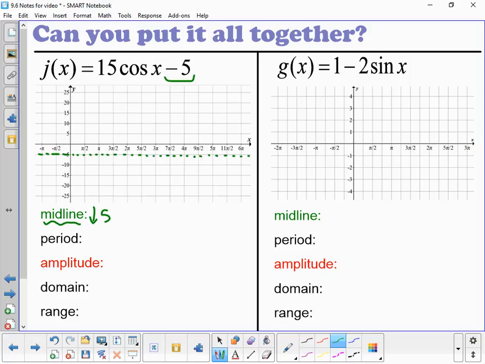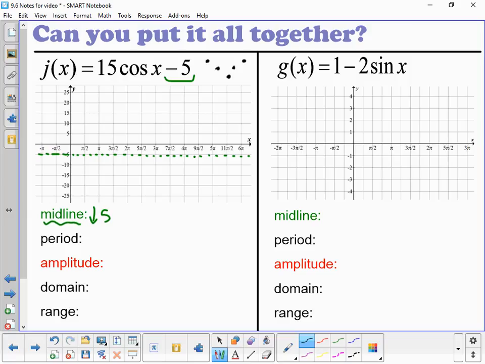Watch the scale. This coordinate plane, or at least the y-axis, is scaled by 5s. So I know my midline has shifted down 5. This is a cosine function, so my pattern is going to be maximum, maximum, minimum, on, like this.